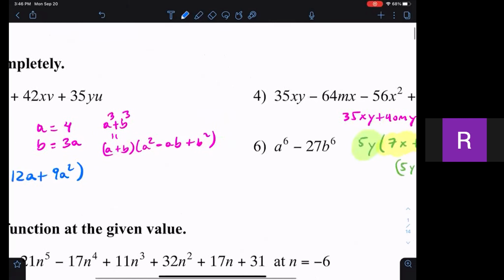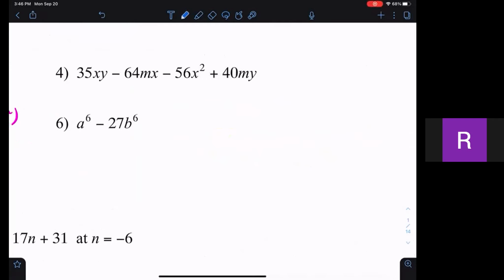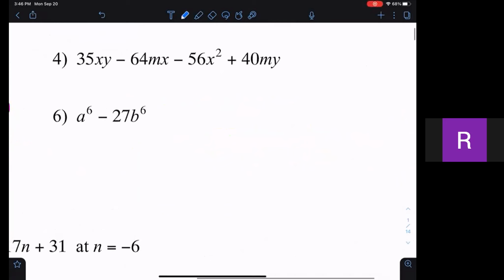Next, this one, 6. So here I'm going to change the letter because this is A and B, so I'm going to change it to x cubed minus y cubed is x minus y, x squared plus xy plus y squared, right?